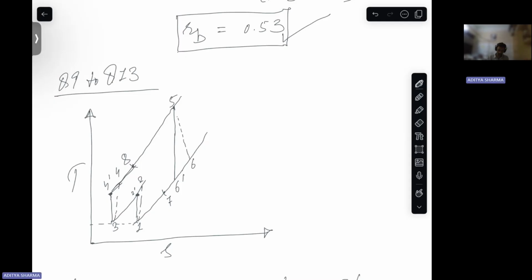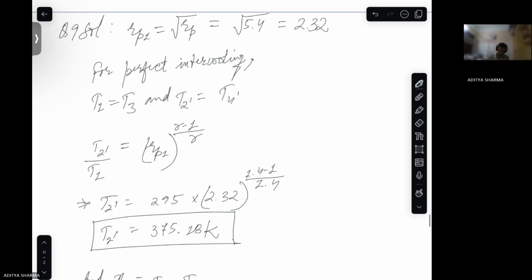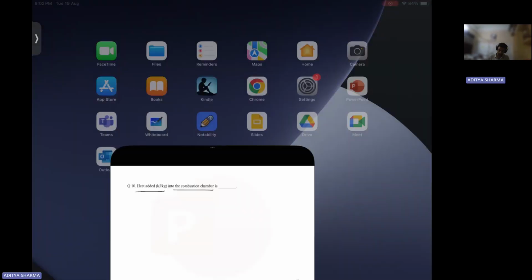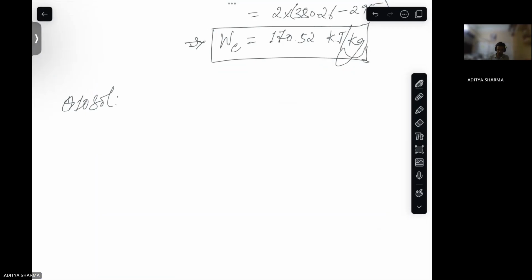So this is 5 to 8 we need to find out, right? Because if you see question number 10, heat added into combustion chamber, Q in is equal to H5 minus H8, T5 minus T8. T5 we have, T8 we need to find out.